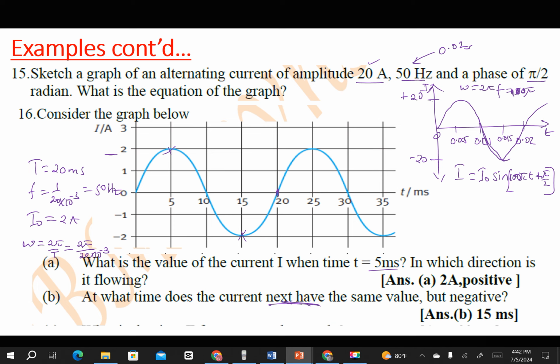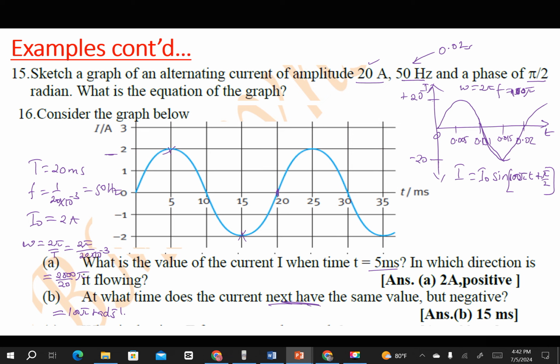Taking this upwards, this becomes 2000 divided by 20 times pi. So omega is going to be equal to 100 pi radians per second.